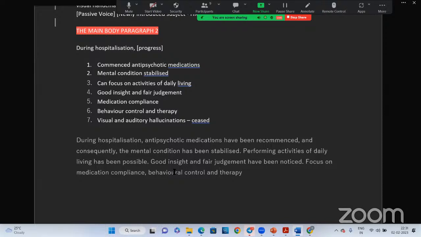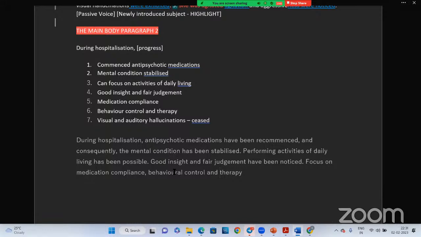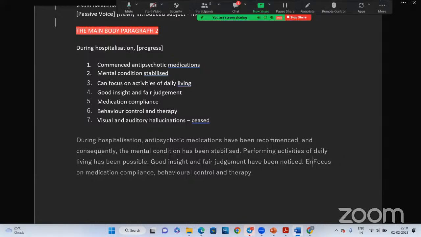Ensuring medication compliance, controlling behavior. See how I am modifying.